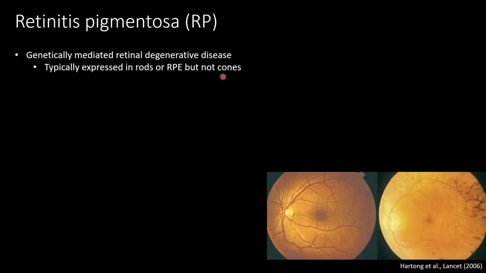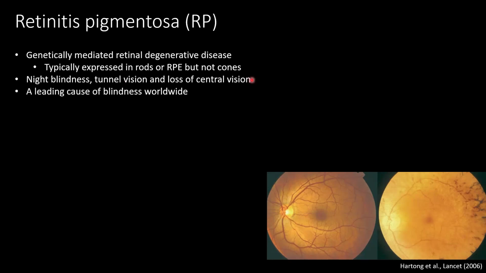It would depend a bit perhaps on how you defined RP as to whether you counted examples where cones have mutations. If you're a patient with RP, then you would experience night blindness initially in adolescence, and then as time goes on in early adulthood, you begin to lose peripheral vision, which in time would develop into tunnel vision, and eventually, after a period of decades, loss of central vision. Although the speed of degeneration varies quite a lot between not just mutations, but even individuals in the same family.